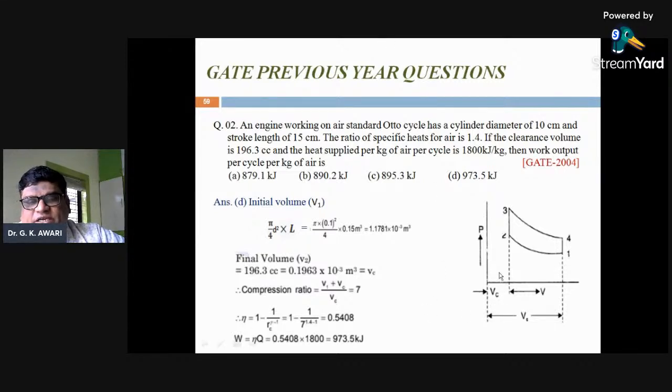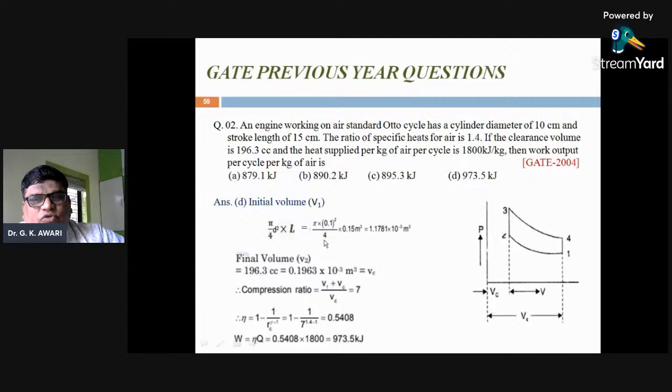If you look here, this is the pressure volume diagram, and this is VC, the clearance space which is provided. Then the processes are 1 to 2, 2 to 3, 3 to 4, and 4 to 1. Then the swept volume V1 is pi by 4 d square into L, where d is the diameter of the cylinder, given as 10 centimeter, and L is the length of stroke, given as 15 centimeter.